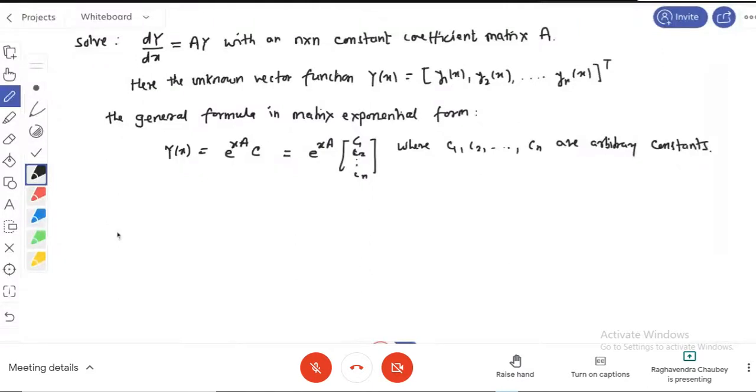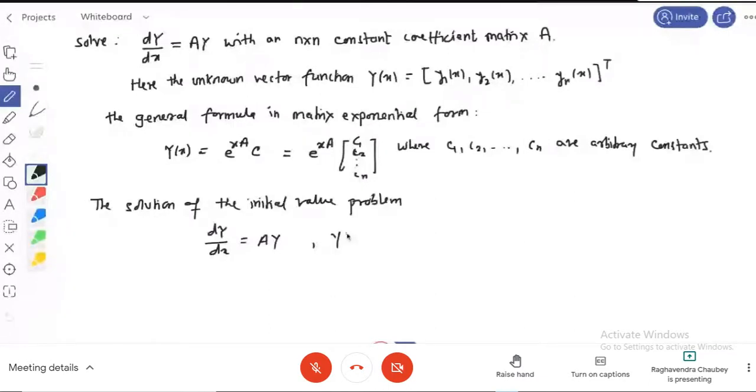So what is the solution of the initial value problem? The initial value problem is dy over dx equals Ay, with the initial condition y at x naught equals the vector y naught.